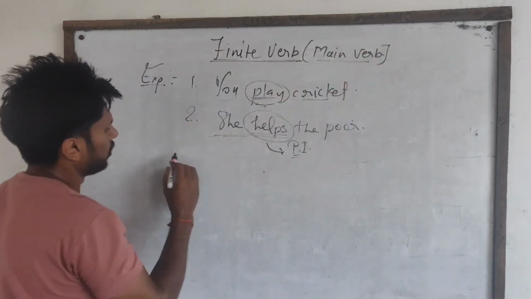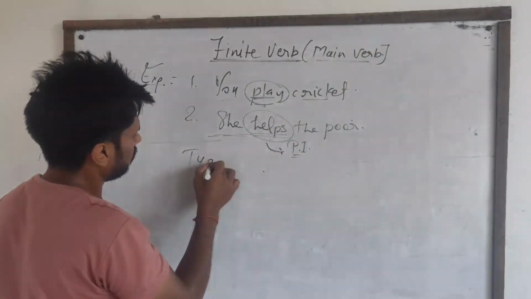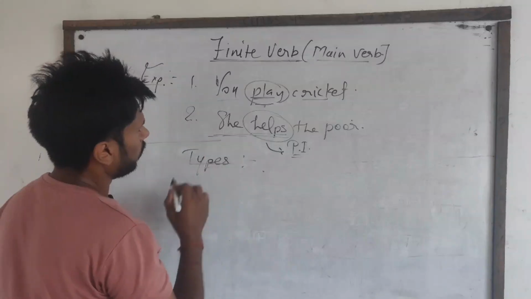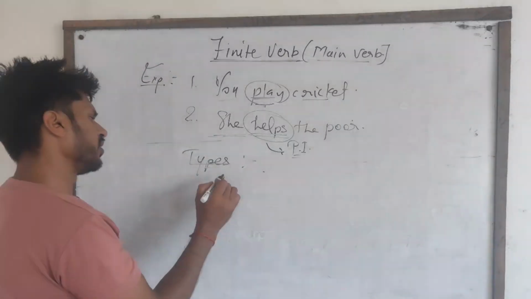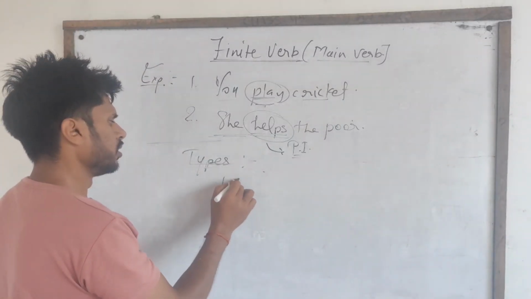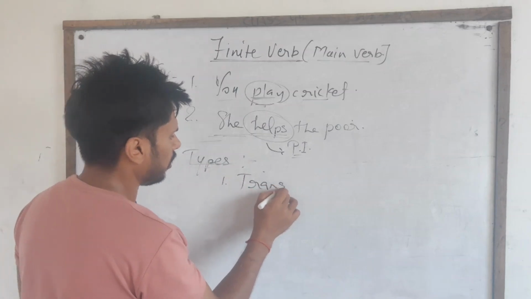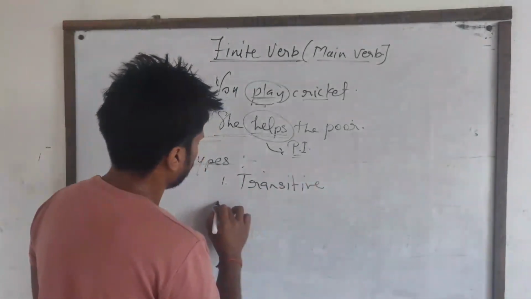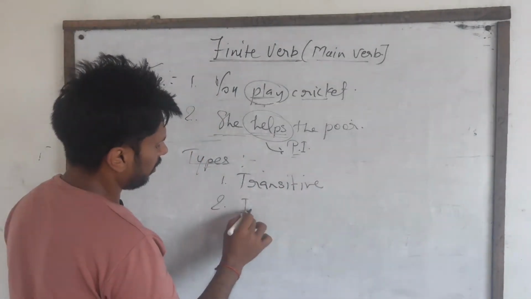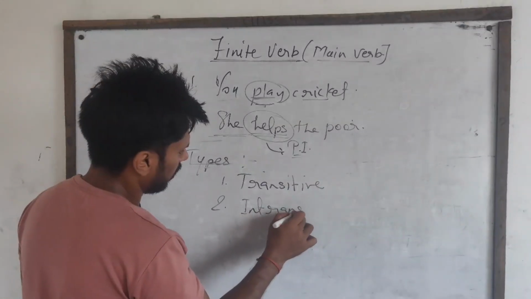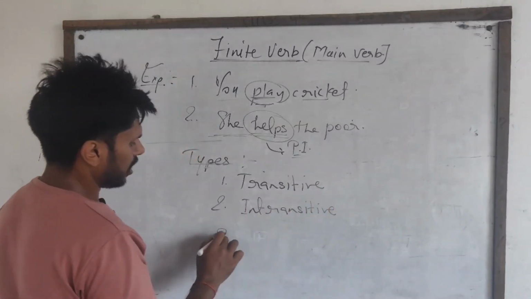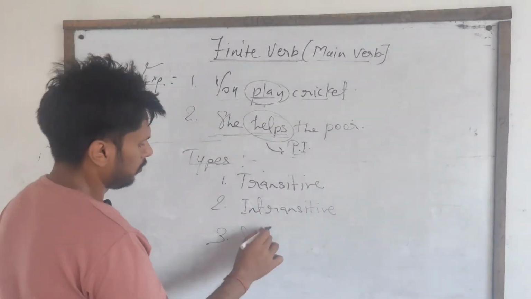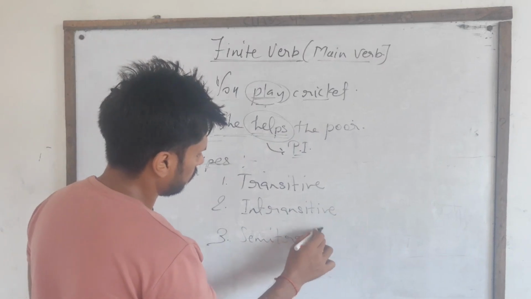Okay, next we see the types of finite verb. There are three basic types of finite verb. First is transitive verb, second is intransitive verb, and third is semi-transitive verb.